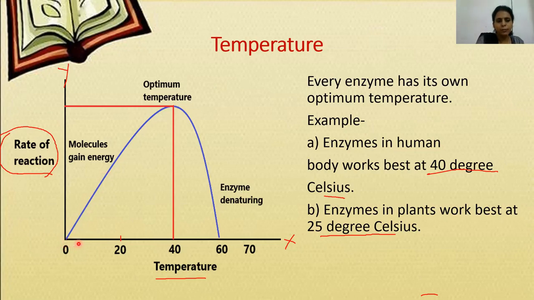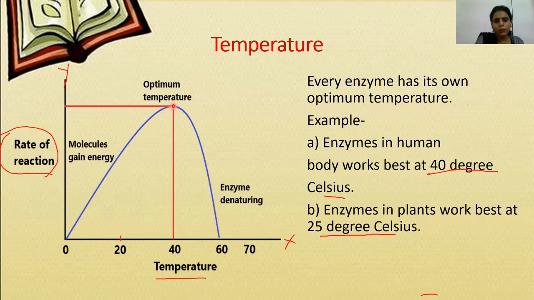Because as the temperature increases, the rate of reaction also increases. And finally, what will happen when the temperature reaches 40 degrees Celsius? At that point, the rate of reaction is highest. Why? Because that is the optimum temperature of the enzyme, and at this temperature the enzyme is in its most active form. Enzyme works best at its optimum temperature.